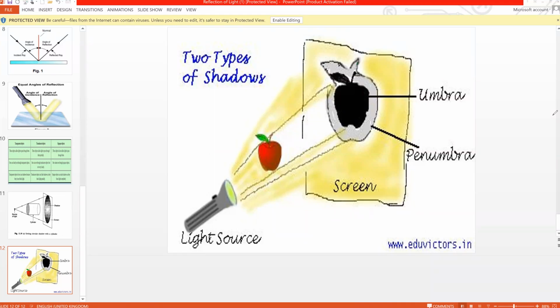A region without light is created and is called a shadow.